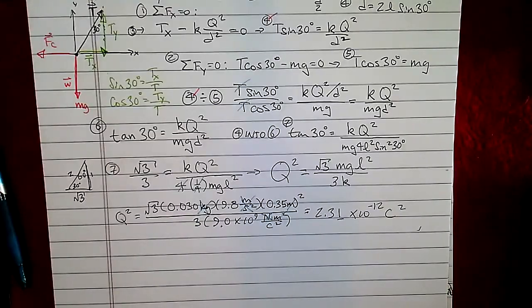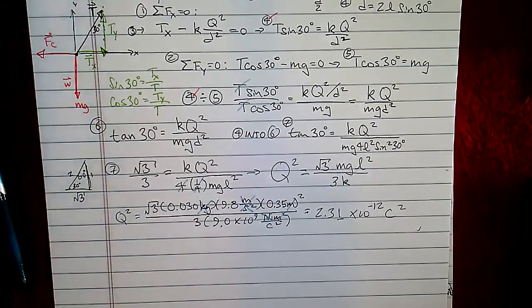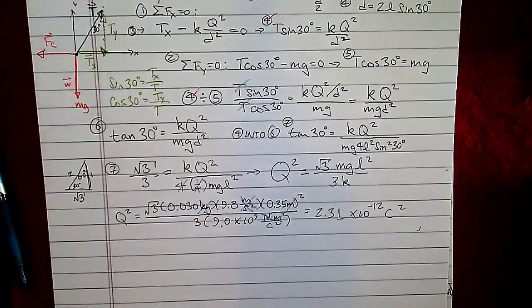So now I just take the square root of that junk. And in this case, I get 1.52 times 10 to the negative 6.